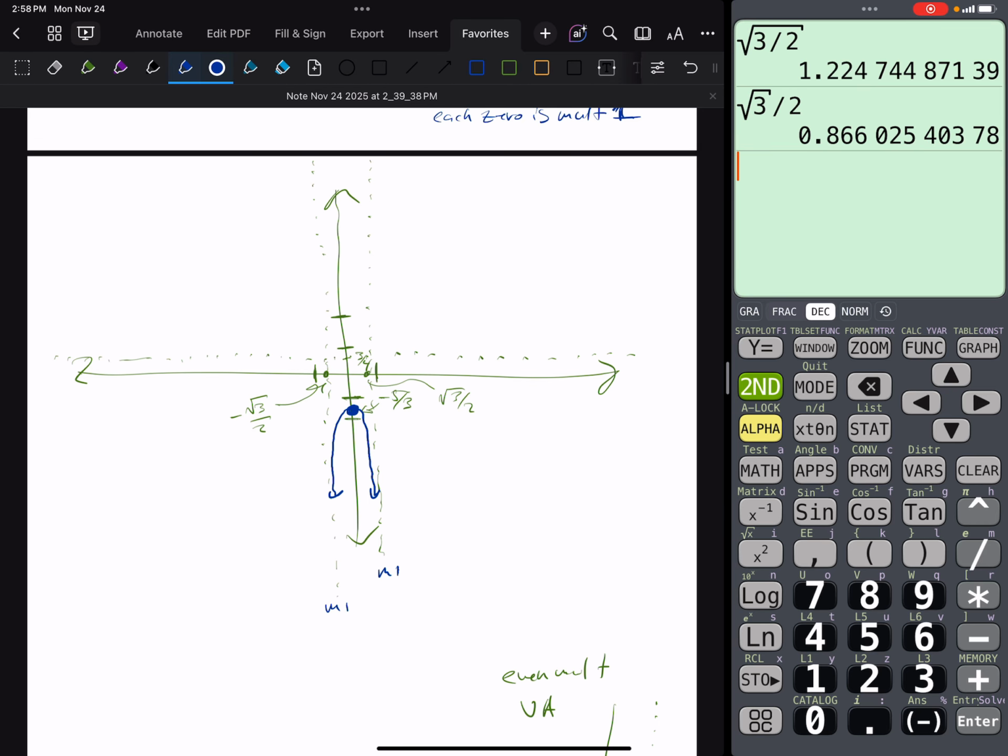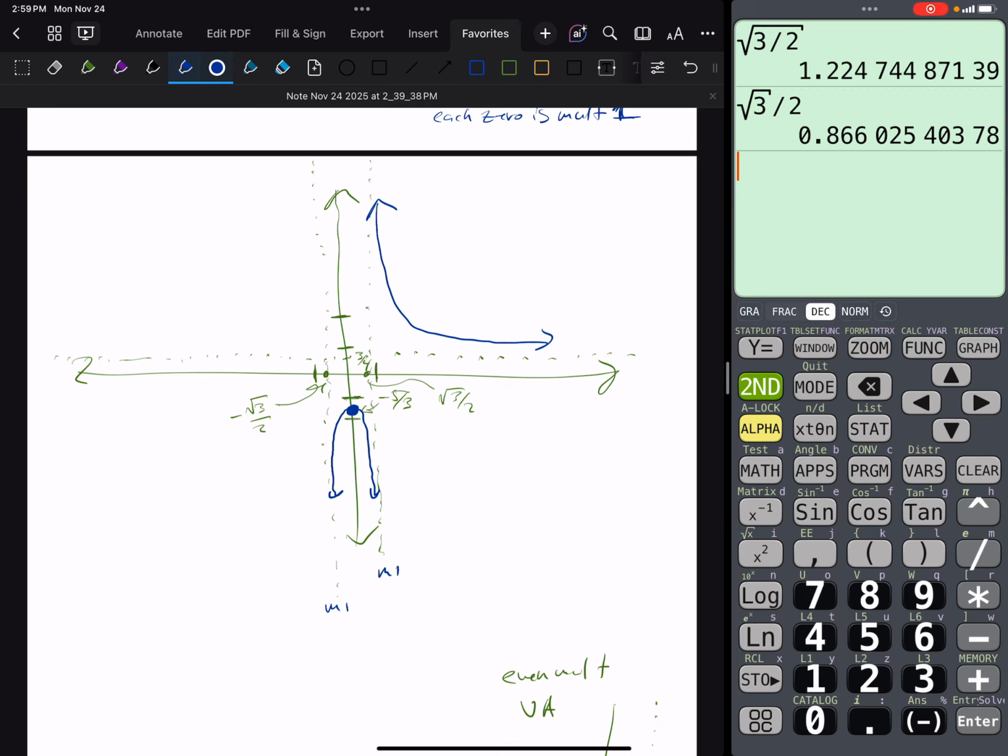Now, those are both odd multiplicity asymptotes, which means that if I went down to negative infinity as I approached that asymptote from the left, as I approach this asymptote from the right, I'm going to go up towards infinity. And so I'm just going to sketch this out as a smooth transition between those two.